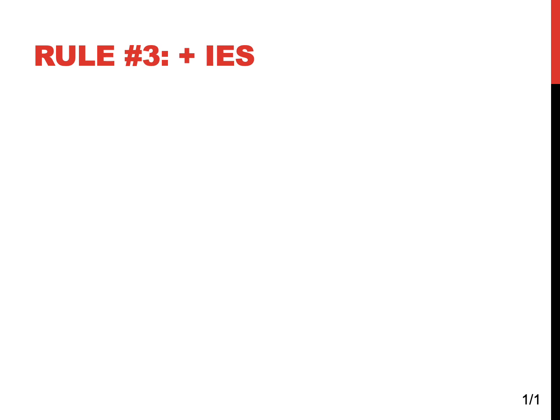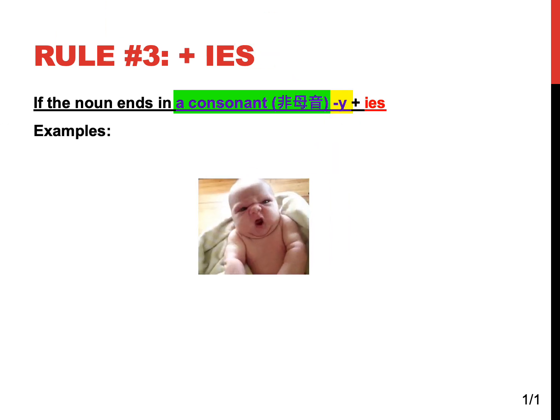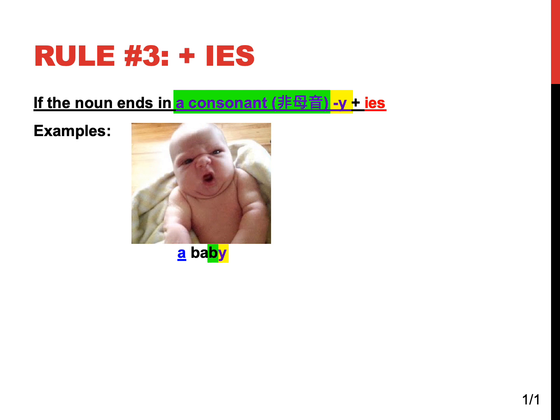Rule number 3. If the noun ends with a Y, but before the Y is a consonant, not A-E-I-O-U, then you can just take away the Y and add IES to it. Examples. A baby.